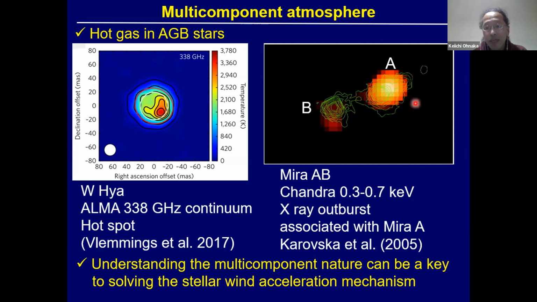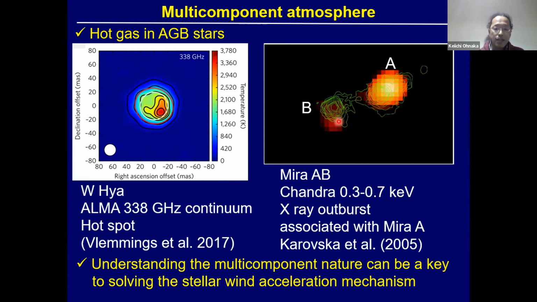The right panel shows Mira. It's a binary system, A and B, and A is the AGB star, and B is a hot companion. Actually, this is a Chandra soft X-ray image taken by Karovska et al., and they found an X-ray outburst associated with Mira A, the AGB star, not the hot companion.